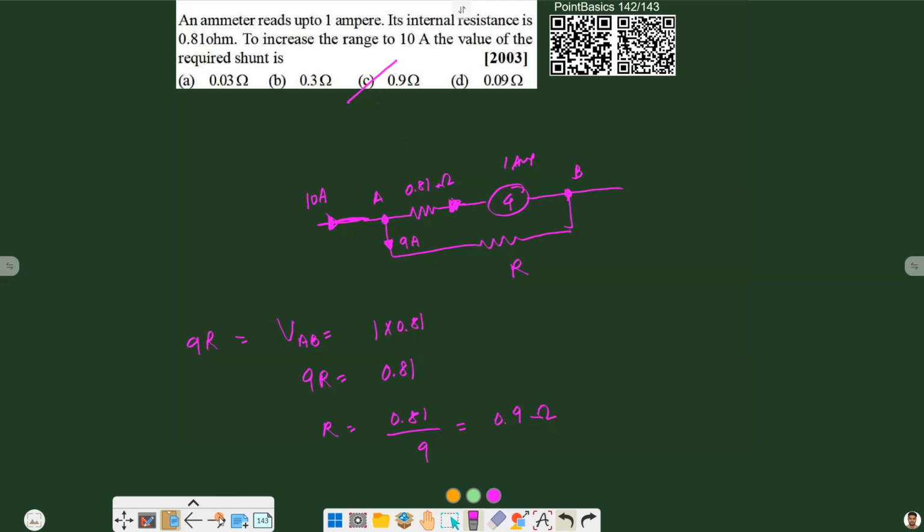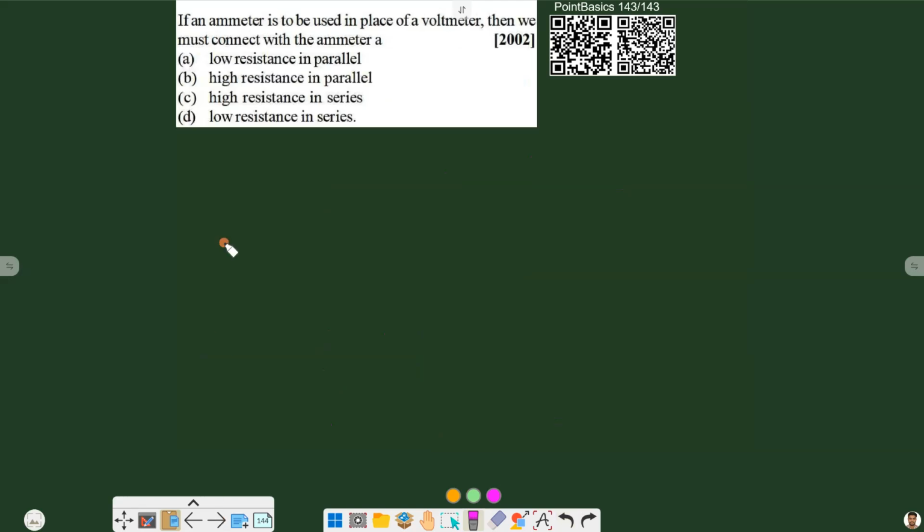And moving to the last question. If an ammeter is to be used in place of a voltmeter, then what must we connect with the ammeter? Now we know that for an ammeter, its resistance is practically very small, or we can say ideally zero.